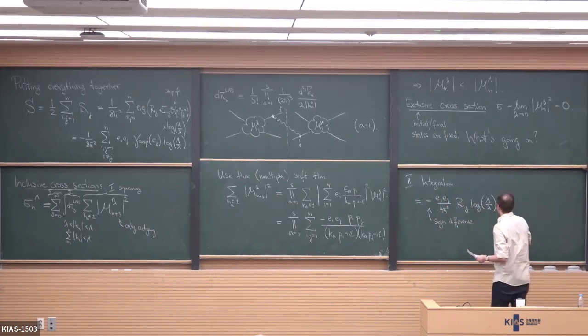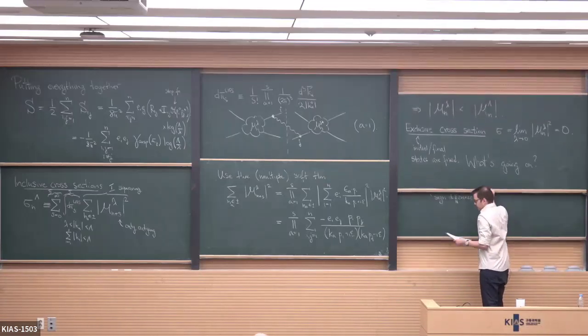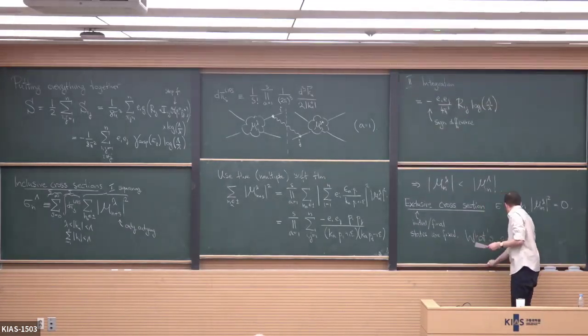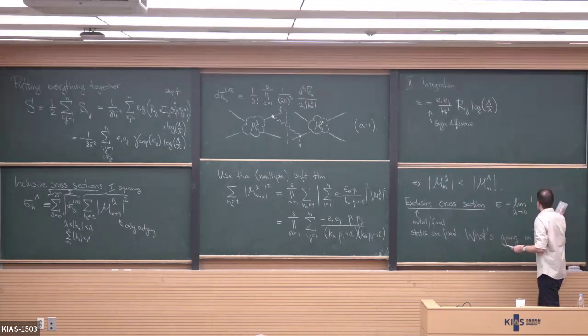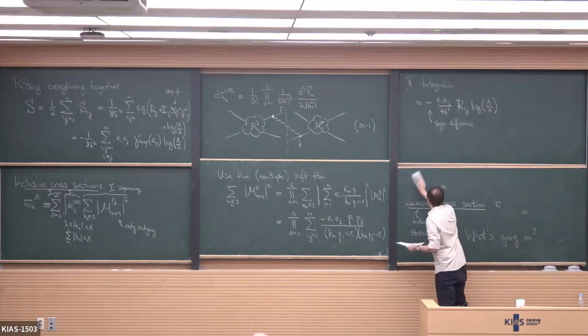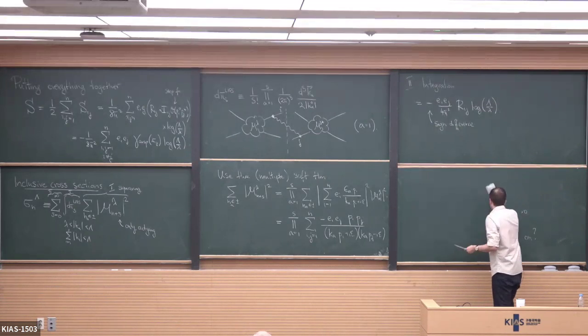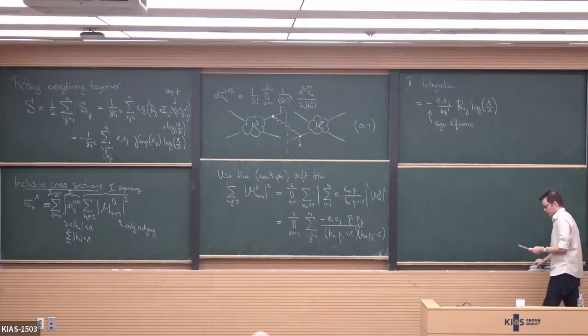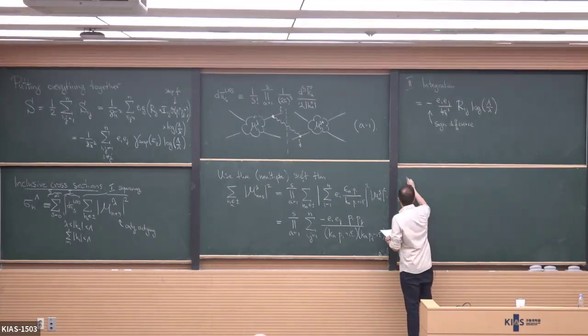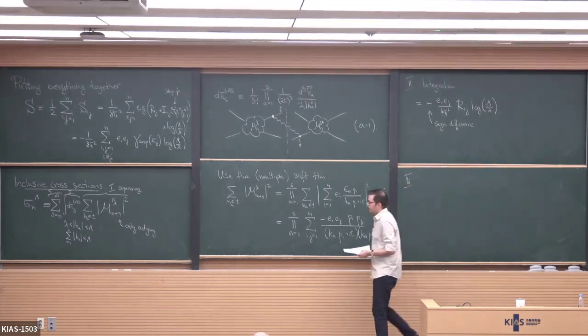All right. So then what I can do in the last step is actually perform the final sum. So the final sum is going to give me the cross section in here.